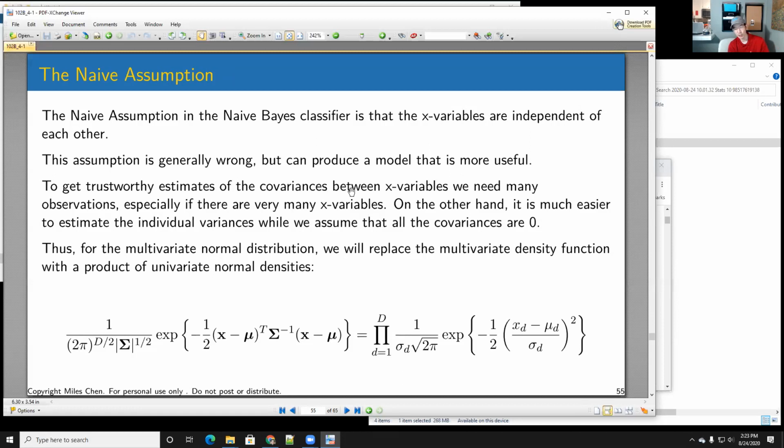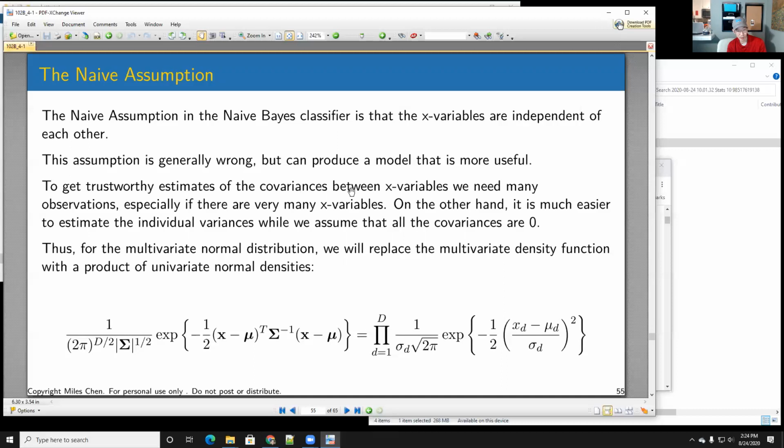But if you have many variables, to get accurate estimates of the covariances, you need lots and lots of observations. And those estimates of covariances themselves will have high variance just depending on your random samples, right?